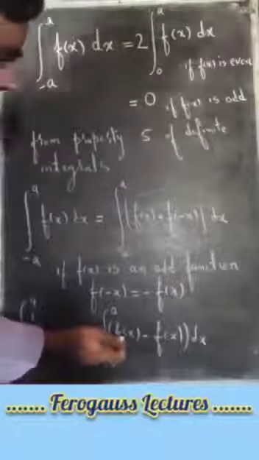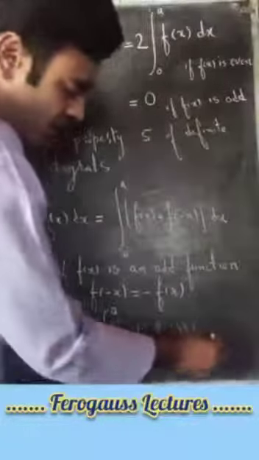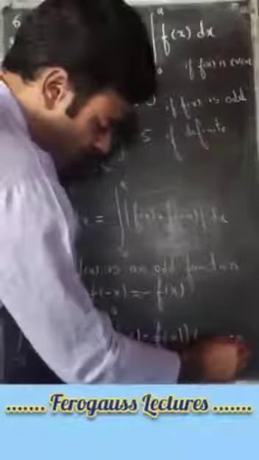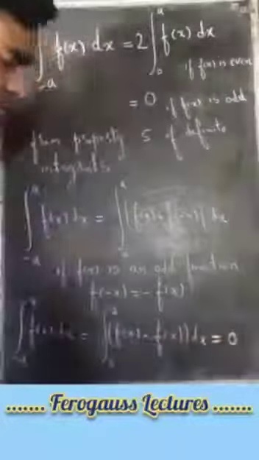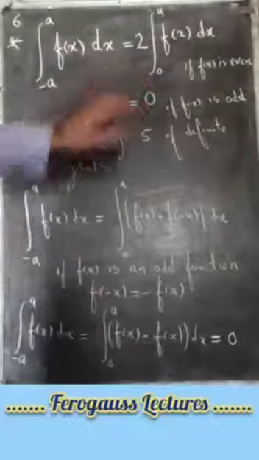Now we have plus f(x) minus f(x), so they cancel each other, we get 0. Okay, so this proves the second part.